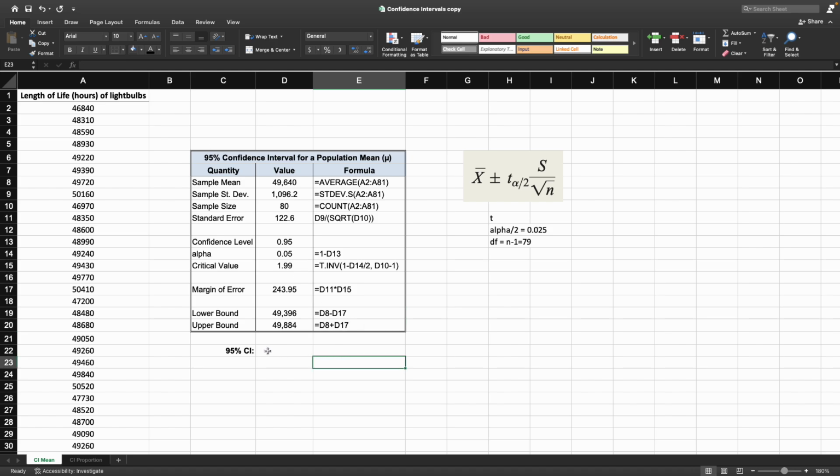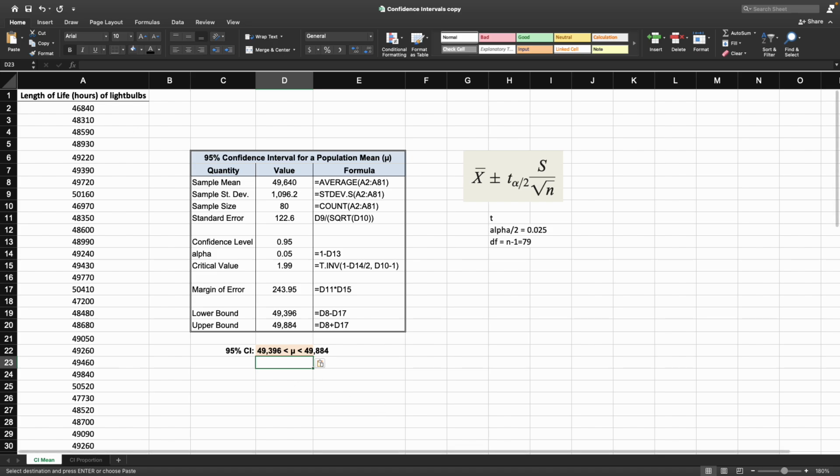So that means our confidence interval is going to be, so mu is going to be between 49,396 and 49,884.